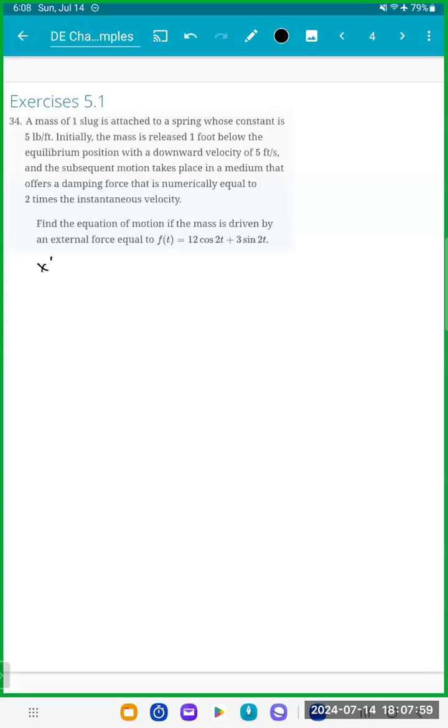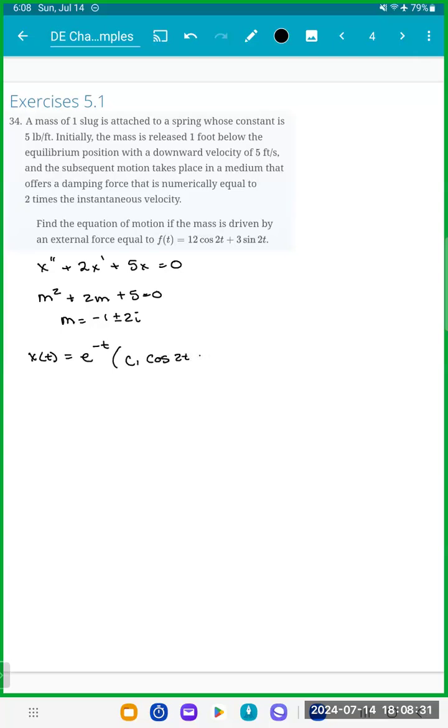Okay, so if we're looking at this, we have x double prime plus 2x prime plus 5x equal to 0. So really that auxiliary equation, m squared plus 2m plus 5 equals 0, will give me m equal to negative 1 plus or minus 2i, again using that quadratic formula to get there. So we have x of t is equal to e to the negative t times c1 cosine of 2t plus c2 sine of 2t.